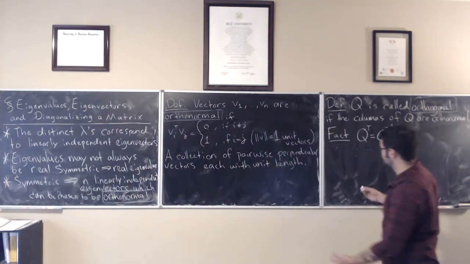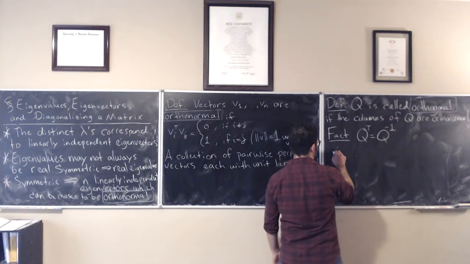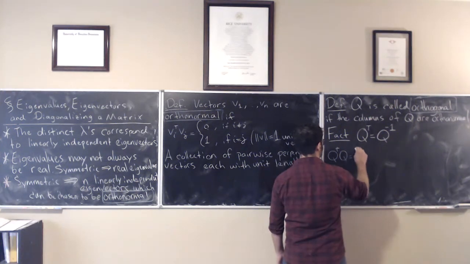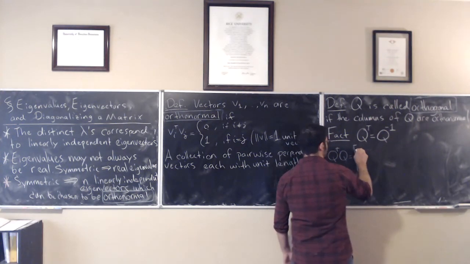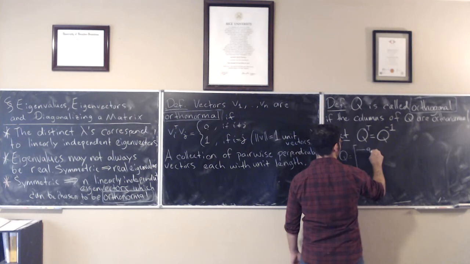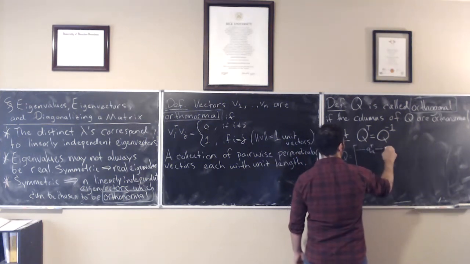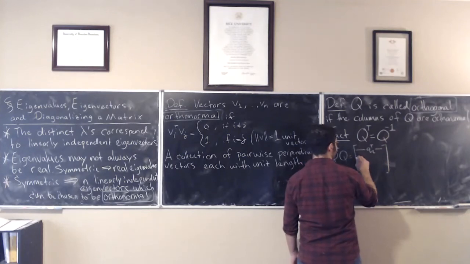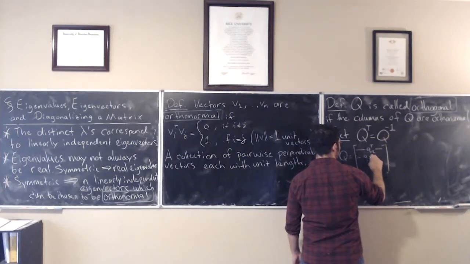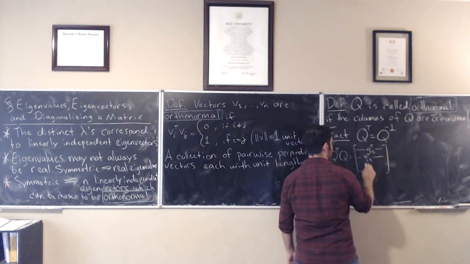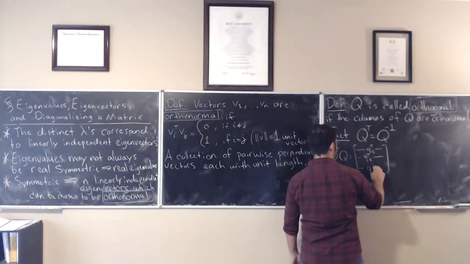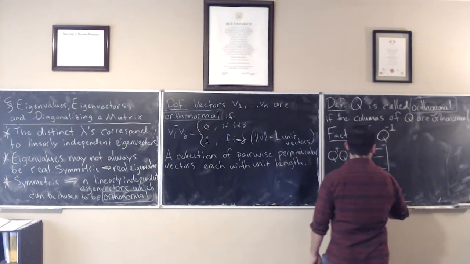Why is that? Well, let's test it out. What's Q transpose times Q? Well, that's the first column of Q as the first row of Q transpose. The second column is the second row, so forth and so on, to the nth column.